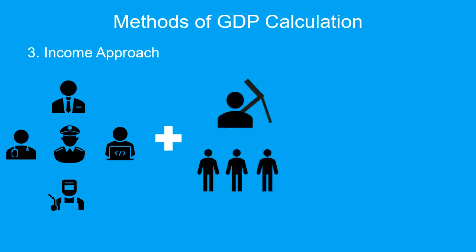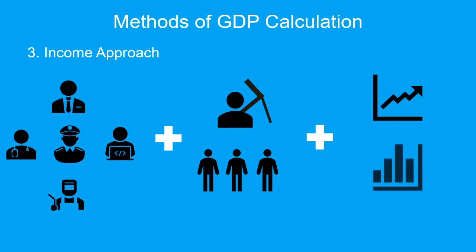To these, we add the profits of the corporations, both government and private, and other establishments and businesses. In this way, we calculate GDP by adding the income and salaries of all individuals and artificial persons in an economy, which is why this method is known as the income approach. This approach works particularly well for services.